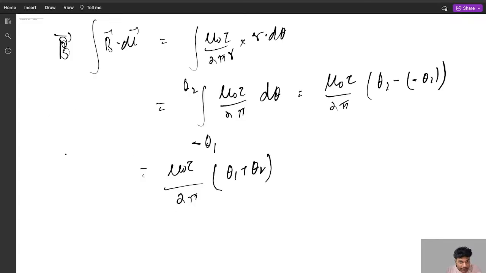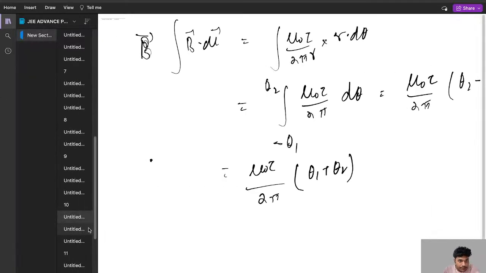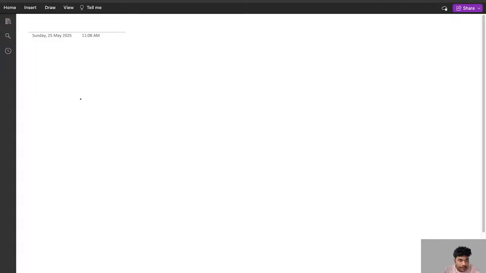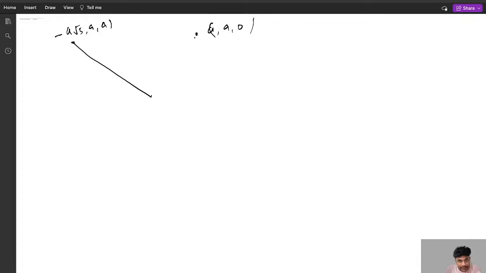If you see the image, let me move to the next page. So here is our point minus a root 3 comma a, and this is our point a comma 0, right? So it is like this.